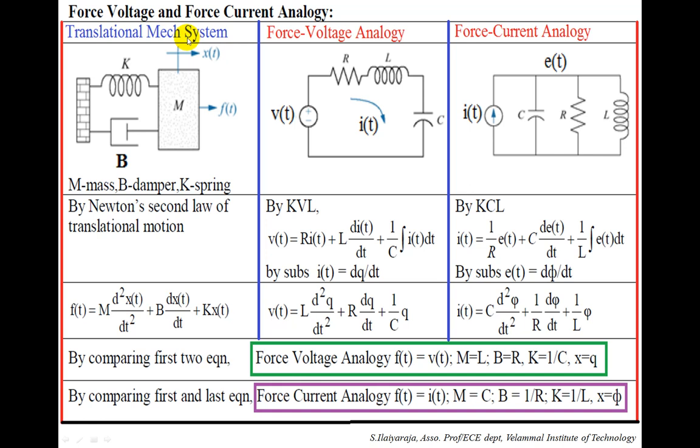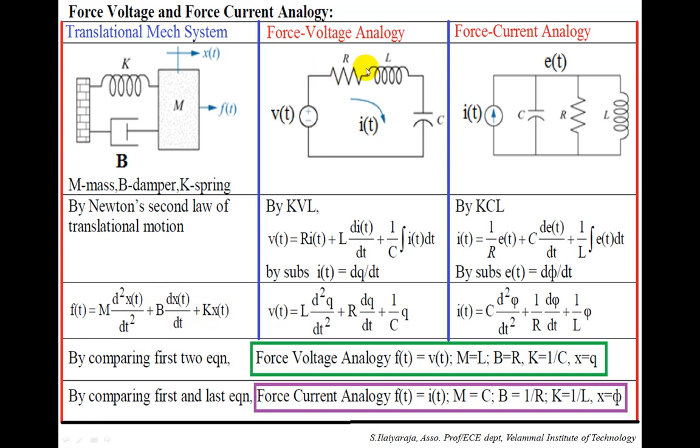So the translational mechanical system, which has mass, damper, spring, force, and displacement, will be changed into an electric circuit with the equivalent values. By Newton's law, we have written f of t equal to m d square x by dt square plus b dx by dt plus k x of t.